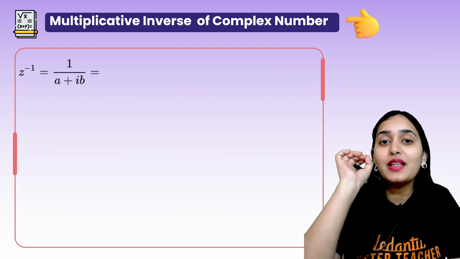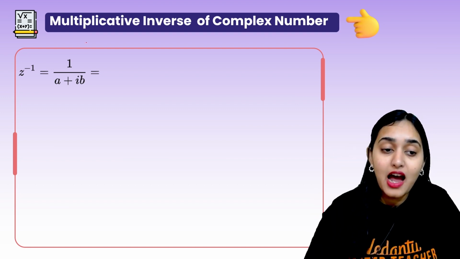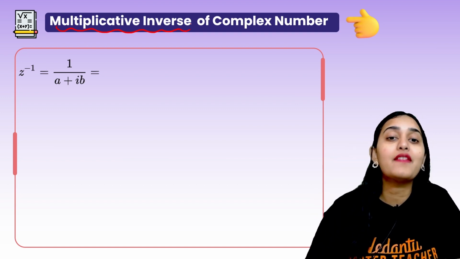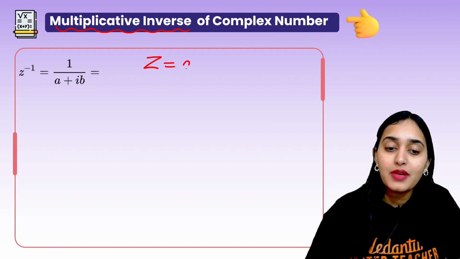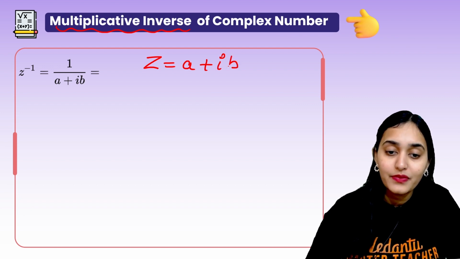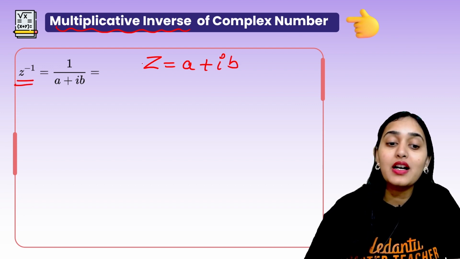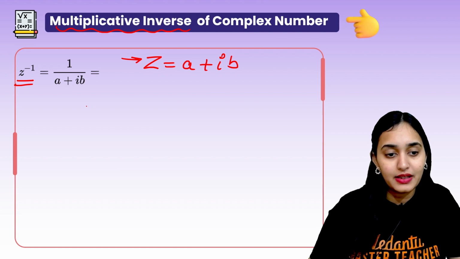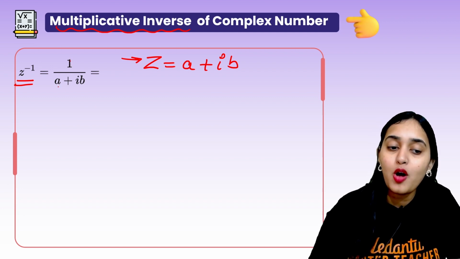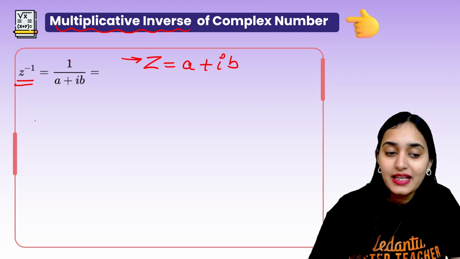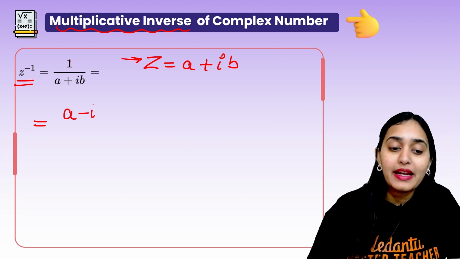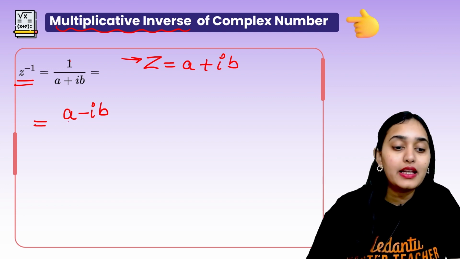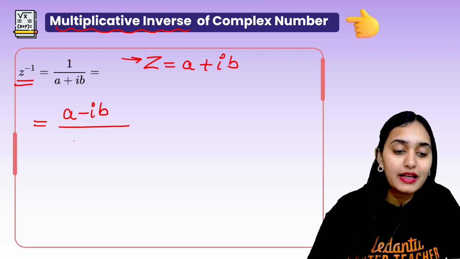Now, using the property of conjugate, we find the multiplicative inverse. If you have a complex number a plus ib, what is the multiplicative inverse of this complex number? It is basically 1 upon a plus ib. This is equal to, in the numerator you write the conjugate, in the denominator you write the modulus square.